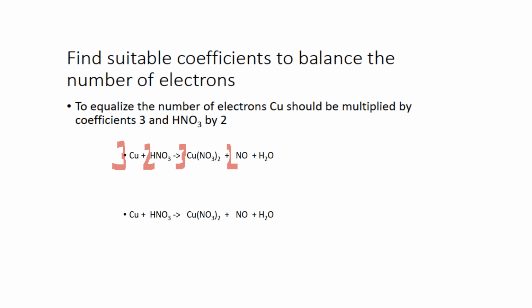So to make 8 nitrogen, as I said, there are 2 nitrogen on the reactant side and 8 nitrogen on the product side. So I will multiply nitric acid by 8. Rest remains the same, 3 copper nitrate and 2 nitric oxide. So now nitrogen on the reactant side is also 8, product side is also 8.